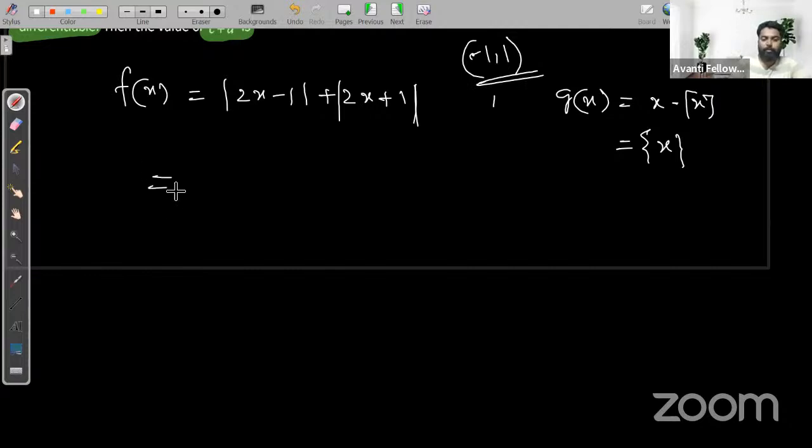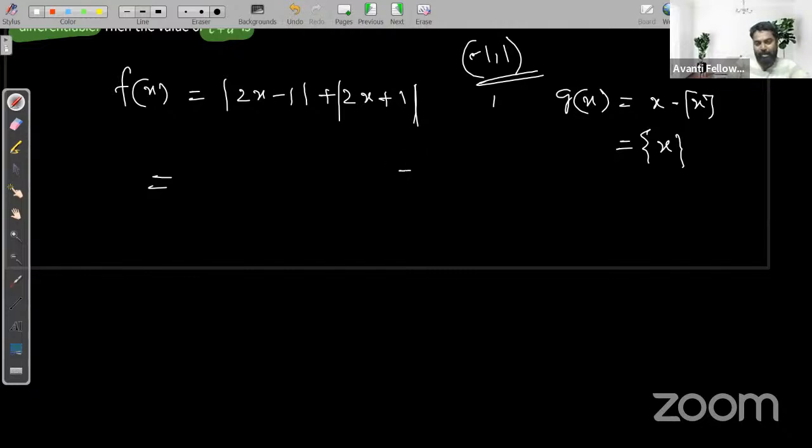So we'll break the intervals according to the given modulus function. So what are the critical points? 1 by 2 will be your critical point, right? Likewise you need to break the intervals.